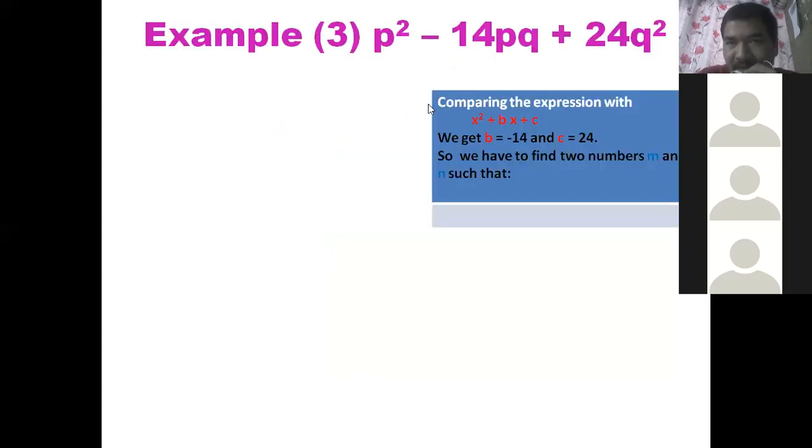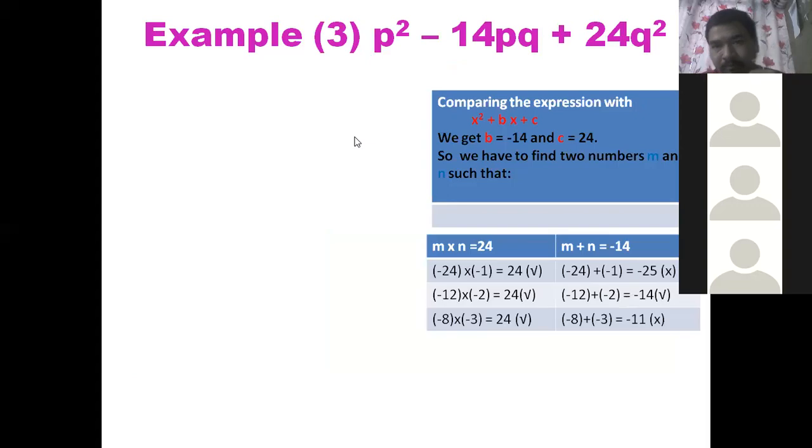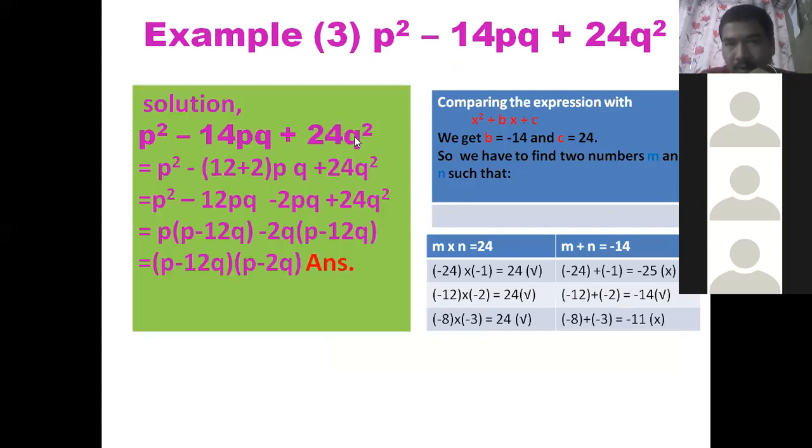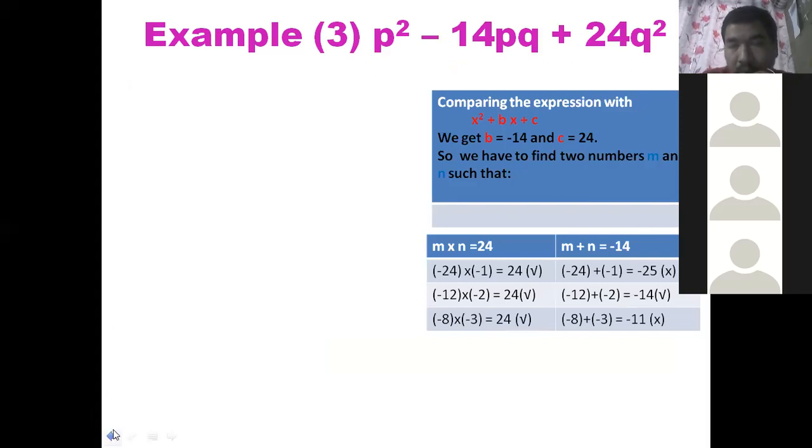Here, look here, I am giving the next example. The product should come how much? 24. Product should come 24 because 1 into 24 is 24. And the sum should come how much?